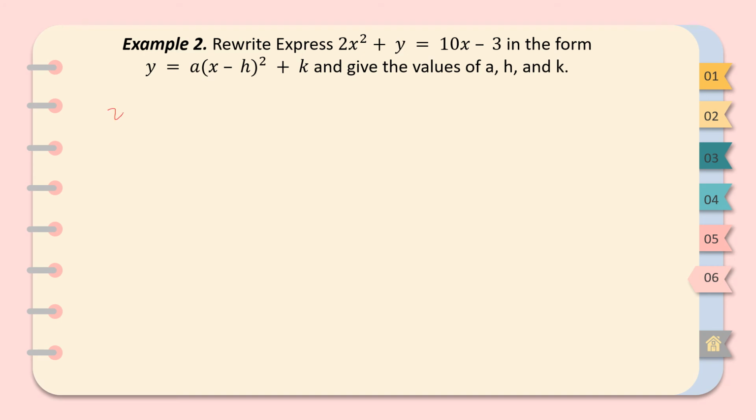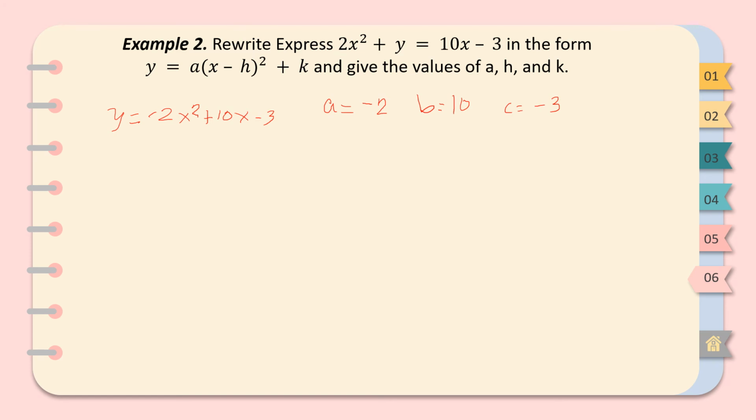So, magiging y is equal to negative 2x squared plus 10x minus 3. And then afterwards, we need to identify our real numbers a, b, and c. Negative 2. Ang b po natin ay 10 at ang c po natin ay negative 3.